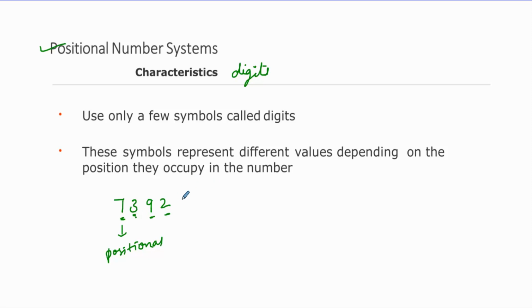So how can I write this 7392? The place value for the 7 is 7 into 10 to the power 3. 7 into 10 to the power 3 plus 3 into 10 to the power 2, and 9 into 10 to the power 1 plus 2 into 10 to the power 0.